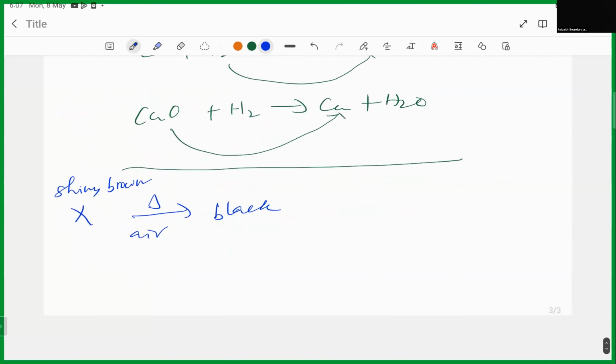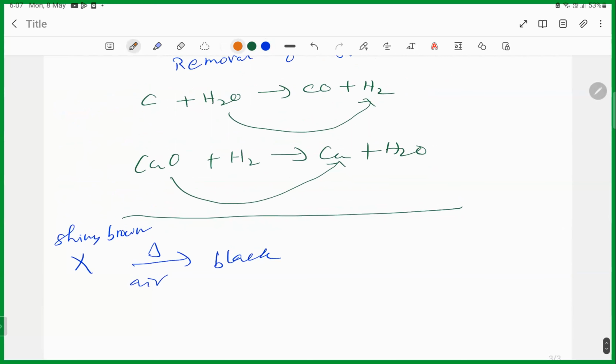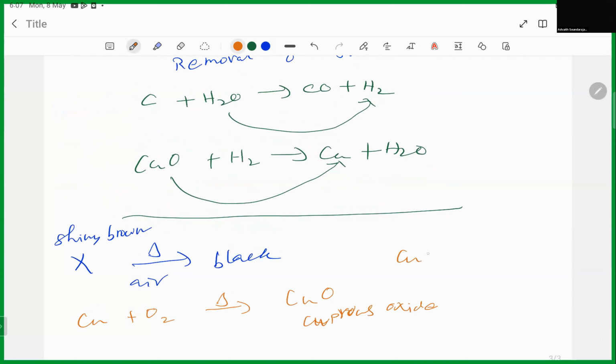Shiny brown means it's copper. Copper plus oxygen in presence of heat will form copper oxide, which is black in color. That's all. 2Cu plus O2 gives 2CuO.